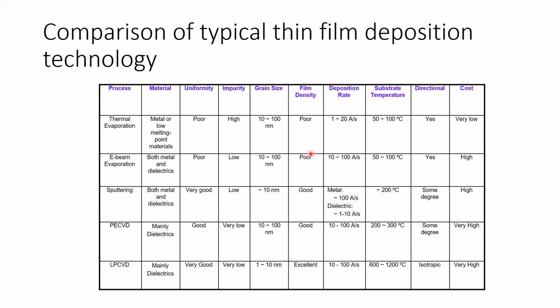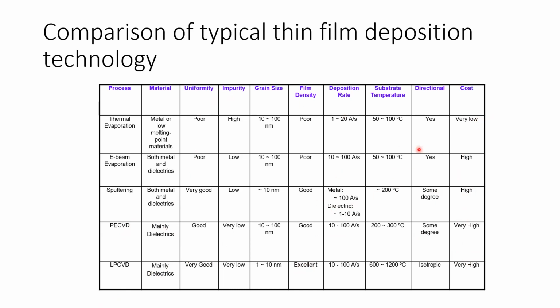You see the film density here. Thermal evaporation or physical vapor deposition is very poor. With LPCVD, we get good film density. Also associated with this CVD process is high cost, you can see.